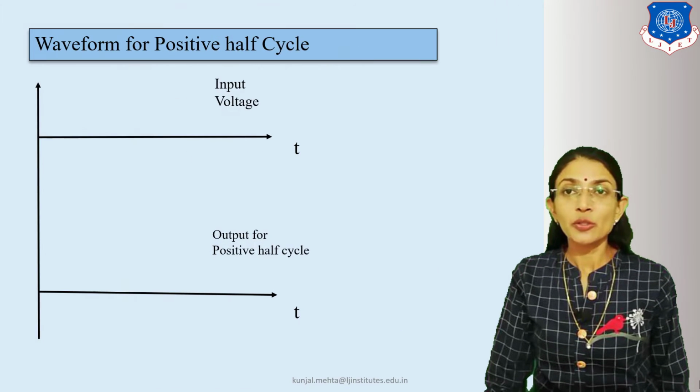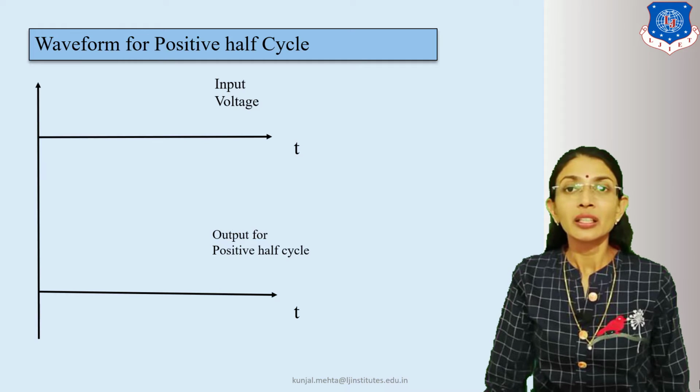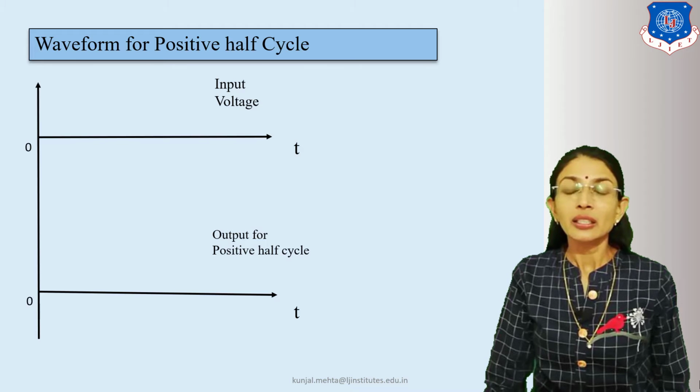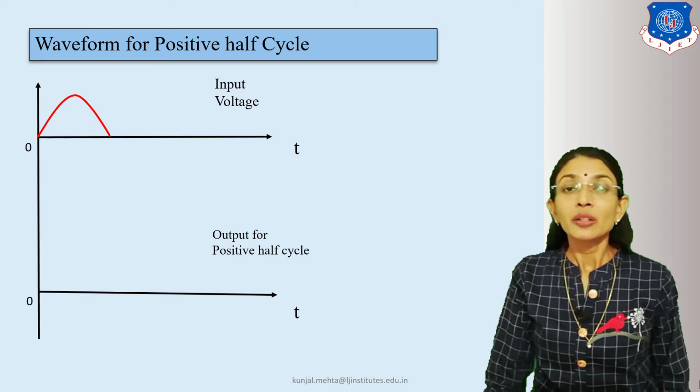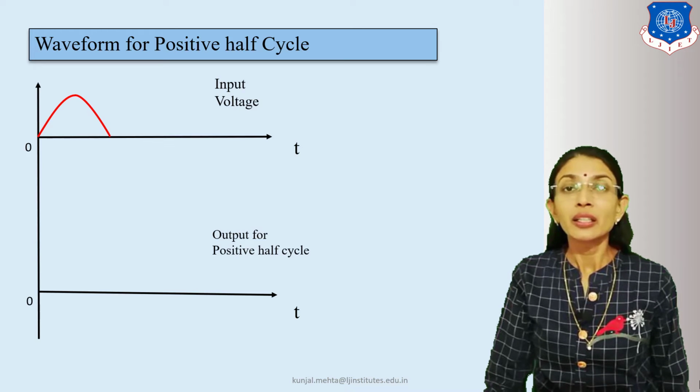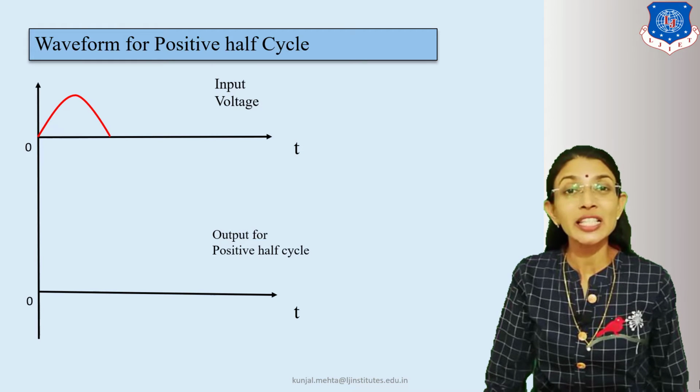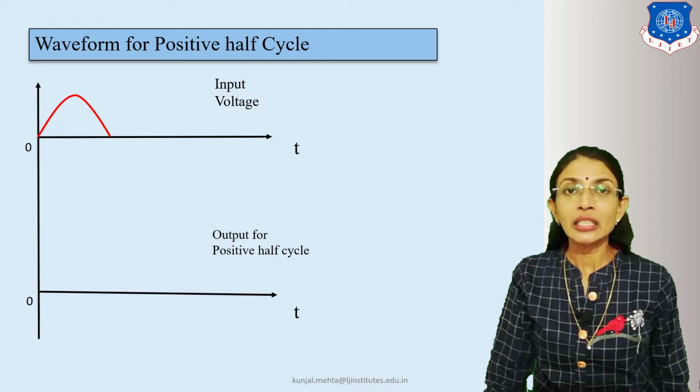Now, let's draw the waveform for the positive half cycle. First of all, we draw the two axes for the input voltage and output voltage during the positive half cycle. If we apply the positive half cycle at the input, then as I have explained, D1 is on and D2 is off, as D1 is forward biased and D2 is reverse biased, so the current flows from P1, D1, RL, C at the center point of the secondary of the transformer.